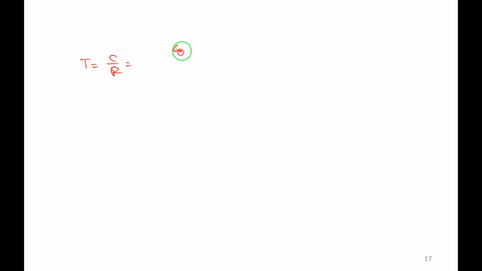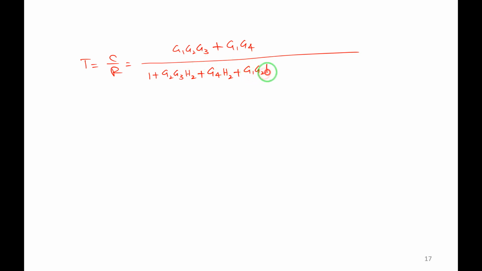So G1, G2, G3 plus G1, G4 divided by 1 plus G2, G3, H2 plus G4, H2 plus G1, G2, H1 plus G1, G2, G3 plus G1, G4. So this is the answer.